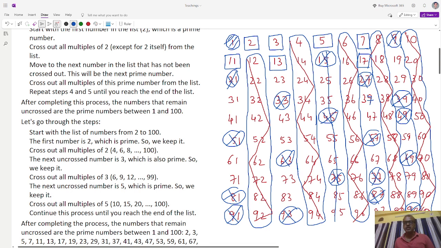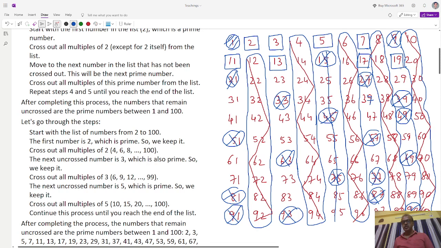17 2s are 34, 51, 68, 85. These are the multiples of 17 within 100. So after that, the next number is 19, which is a prime number.